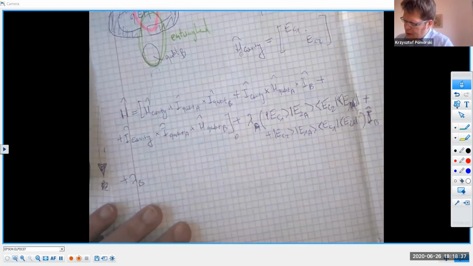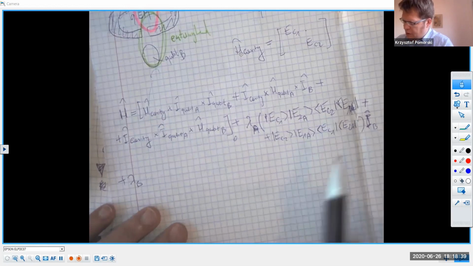Then we have all these terms, but we need to remember about identity.